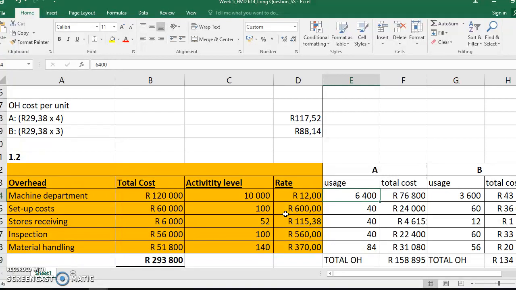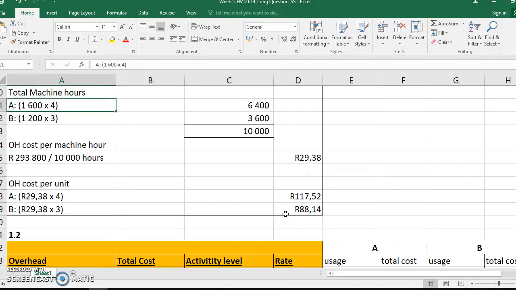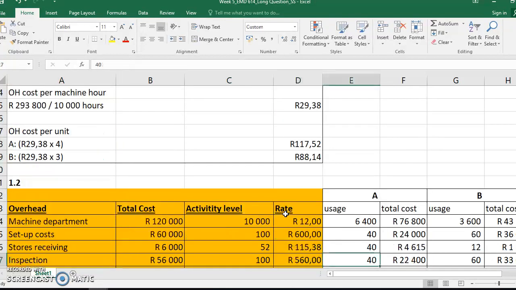Product A uses 6,400 machine hours. How do we get to that? It's 1,600 units times 4 machine hours per unit, and then 1,200 units times 3 machine hours per unit. So that's the 6,400 and the 3,600.